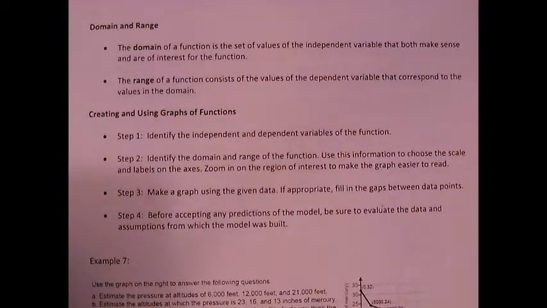Step number 3, make a graph using the given data. If appropriate, fill in the gaps between data points. And finally, step number 4, before accepting any predictions of the model, be sure to evaluate the data and assumptions from which the model was built.